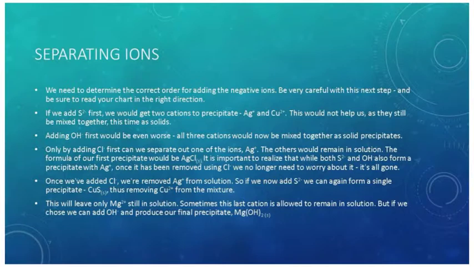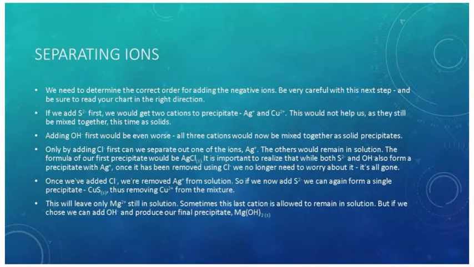If we add the S2- first, we will get two cations to precipitate, the Ag+ and the Cu2+. This would not help us, as they would still be mixed together, this time as a solid. Adding the OH- first would be even worse. All three cations would be mixed together as solid precipitate. Only by adding the Cl- first can we separate out one of the ions, the silver. The others would remain in solution.